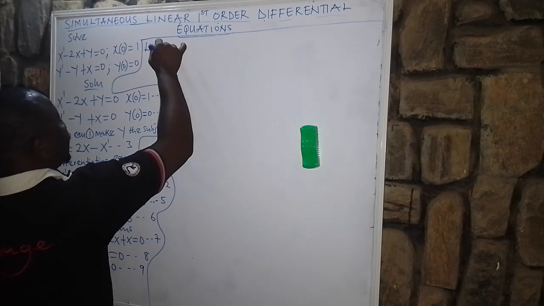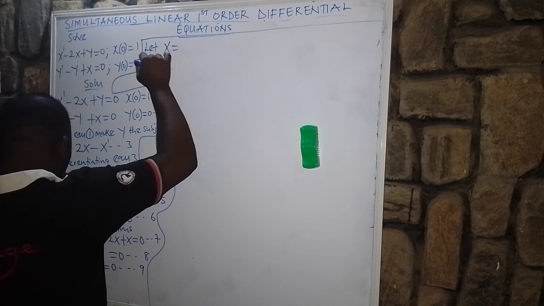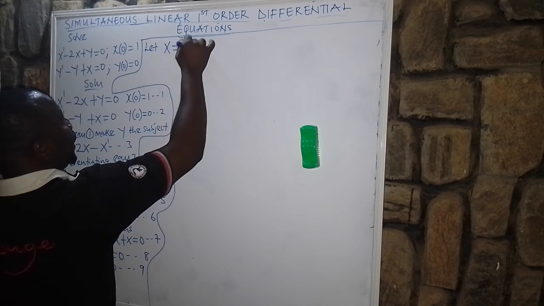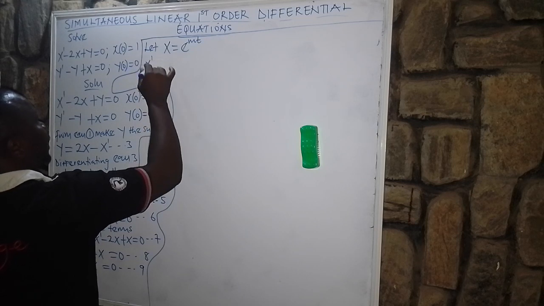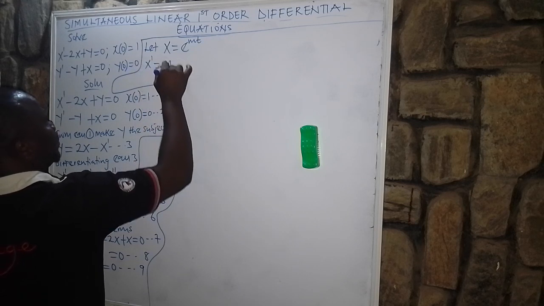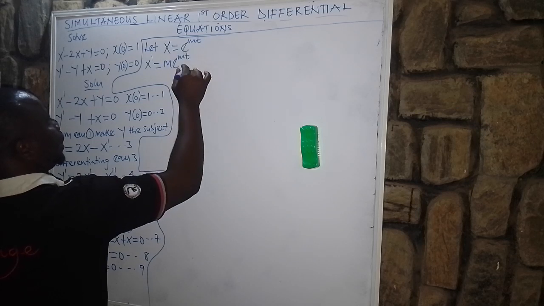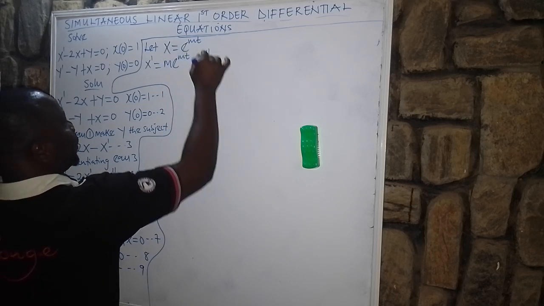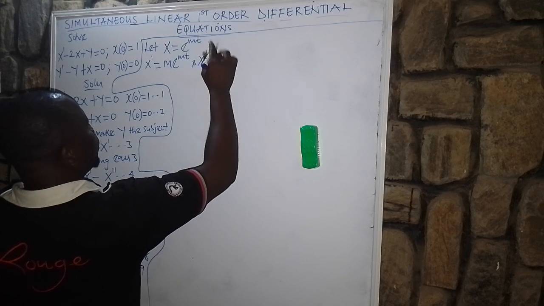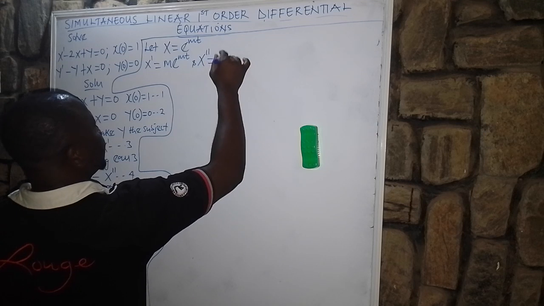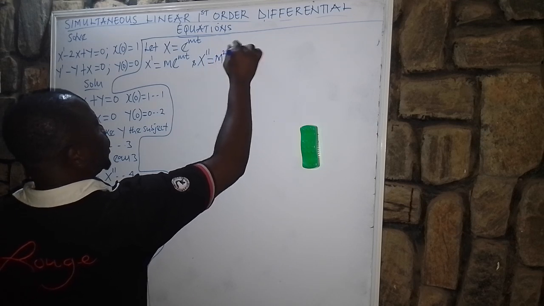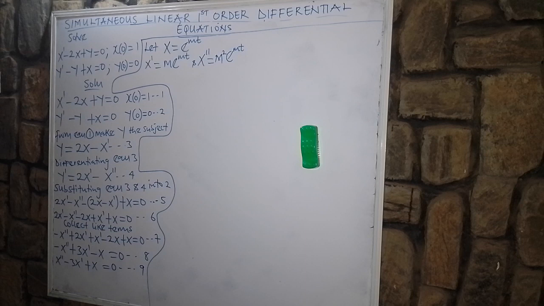Let x be equal to exponential mt. So we have to differentiate it twice. x prime will be m exponential mt, and x prime prime will be m square exponential mt, because you must know how to differentiate an exponential function. So you substitute these into this equation.